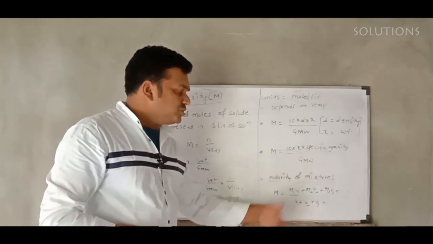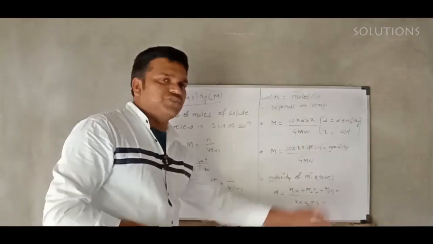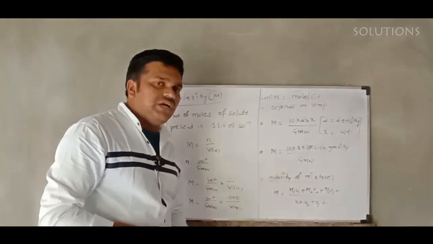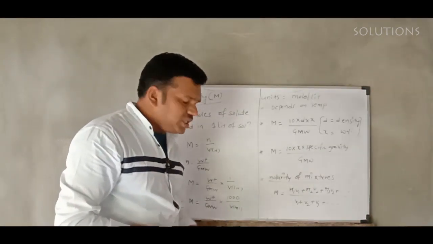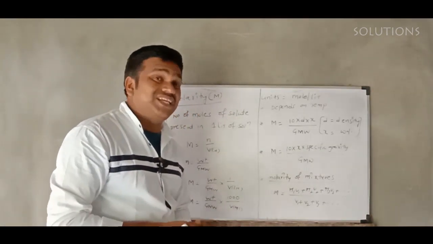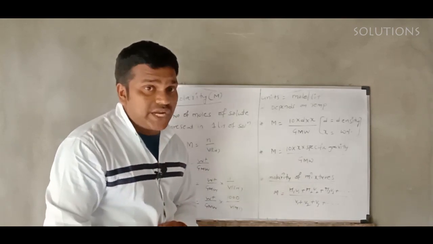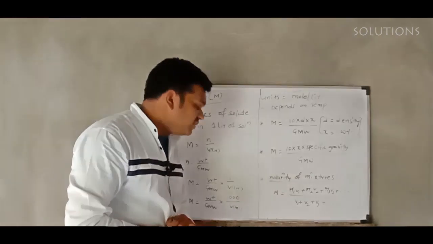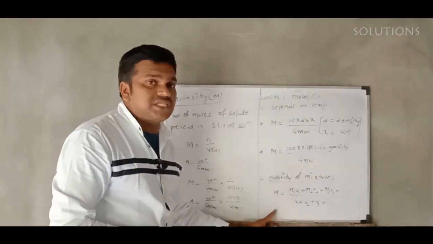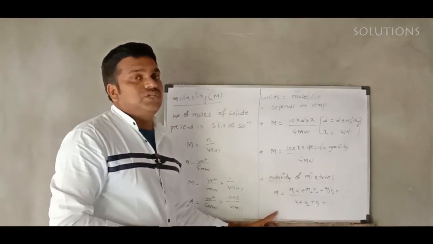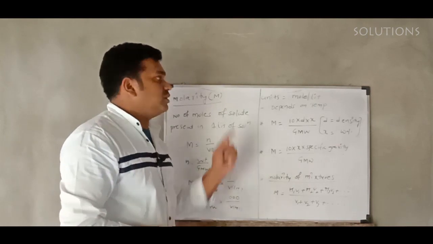Or if three solutions are given, we can extend the formula like this. We use this formula when two solutions with different molarities and different volumes are mixed, and the resultant molarity of the mixture can be identified using it. So this is regarding molarity.